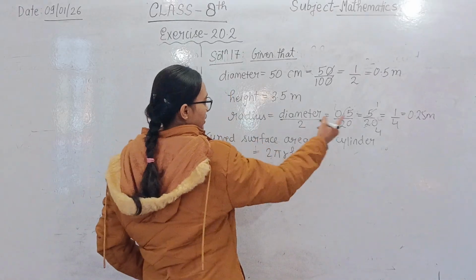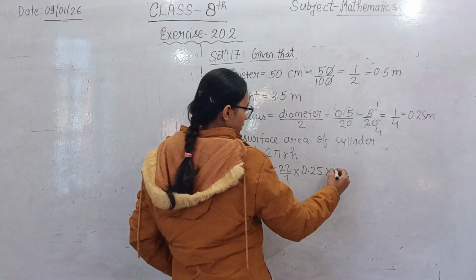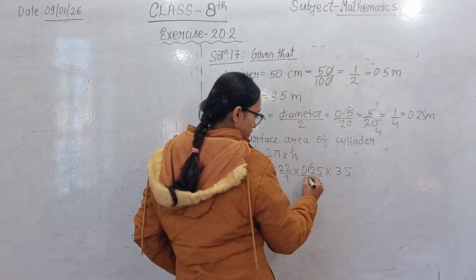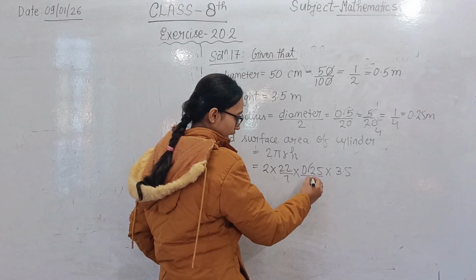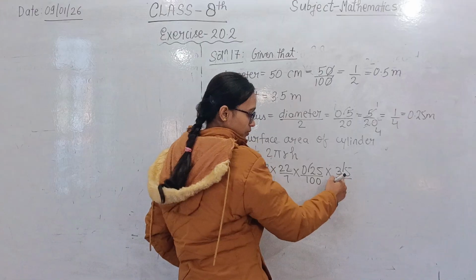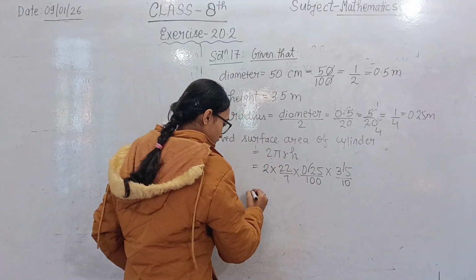R means radius, and radius we have calculated 0.25. H means height, and height is given as 3.5. When we remove this decimal, and after decimal there are 2 digits, so we will add 2 zeros. Here, when we remove this decimal and after decimal there is 1 digit, so we will add 1 zero.